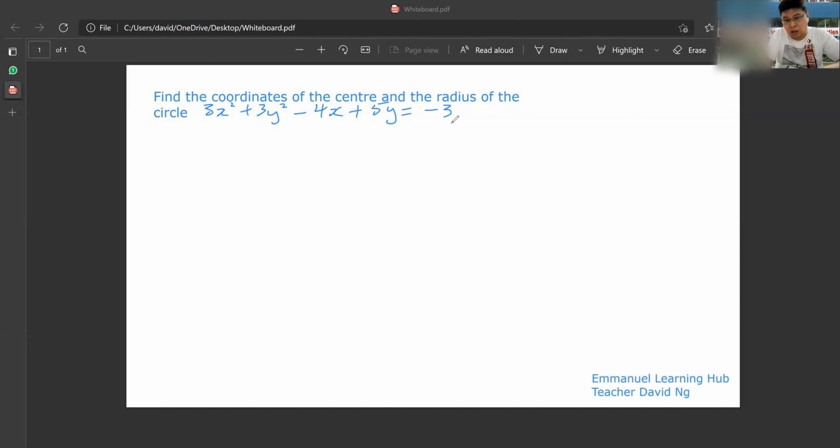So this is the general formula they give you. But they're asking you to find coordinates of the center and the radius, right? So what you can do is complete the square.